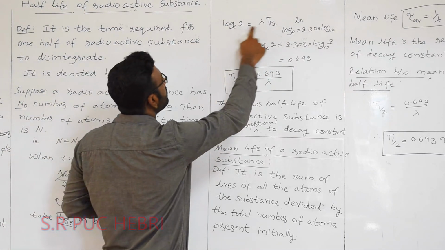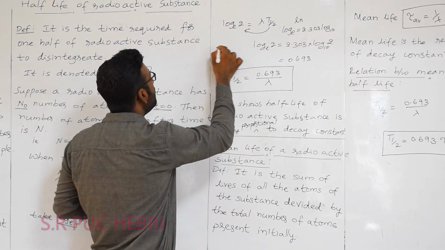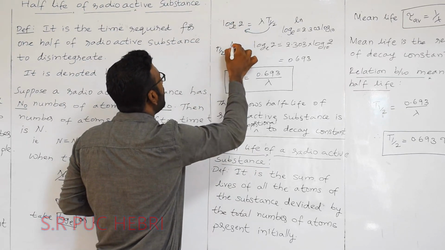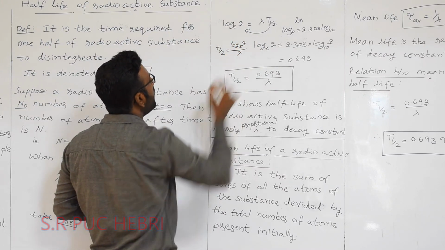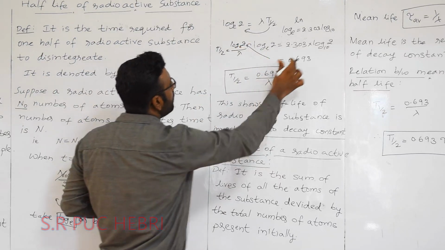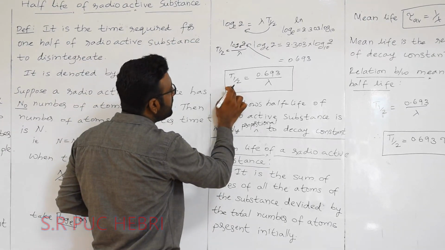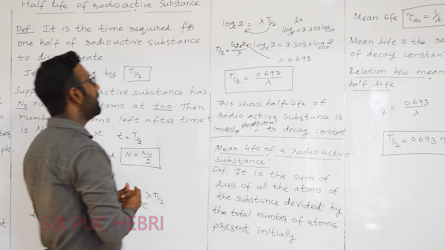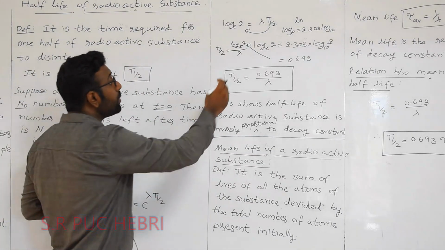Then I can write for this equation, I'll take this term to this side. Then t half can be written as log to the base e of 2 divided by lambda. This value we got here, that is nothing but 0.693. I'll substitute it over here. Then t half is equal to 0.693 divided by lambda. So what does this equation indicate?